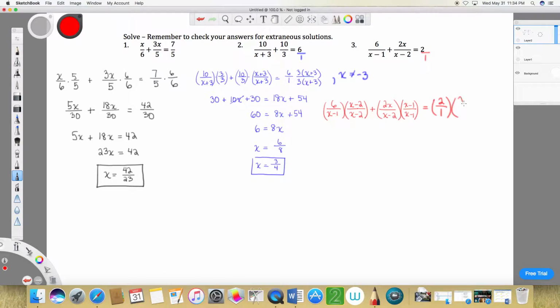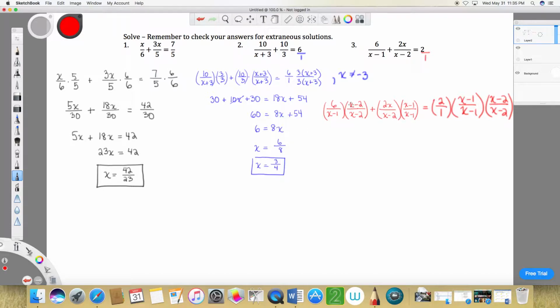So we have to make sure that we get a factor of x minus 1 and that we get a factor of x minus 2 in the denominator, so that now all these terms on both sides of the equation have the same denominator. When that's the case, we can just work with the numerators, because if we multiplied all these terms by that common denominator, all those denominators would cancel. We would just have this numerator.